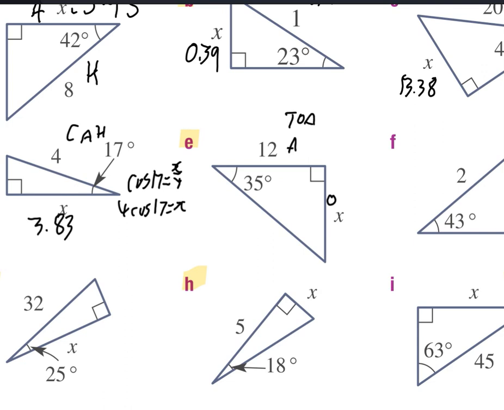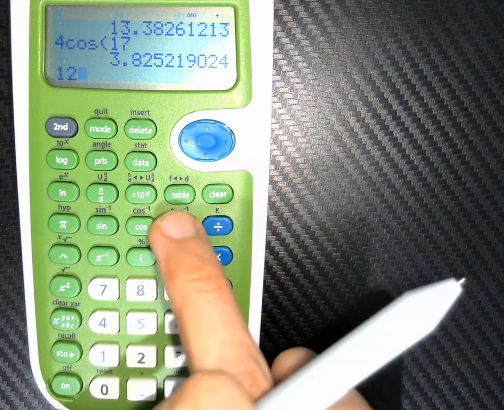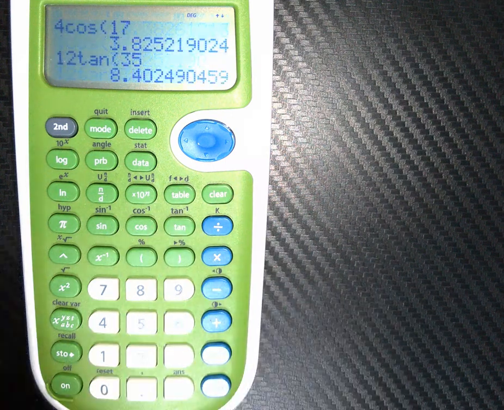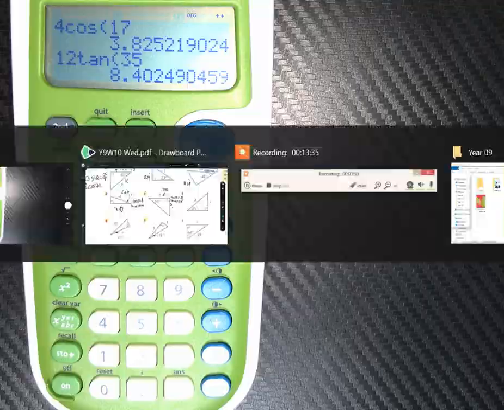So I'm going to do tan 35 equals x over 12. So as always, we multiply by the denominator. So I end up getting 12 tan 35 equals x. 12 tan 35 is 8.40.